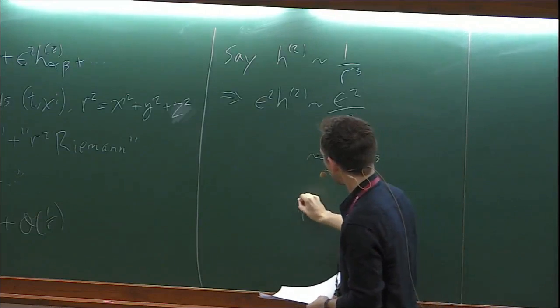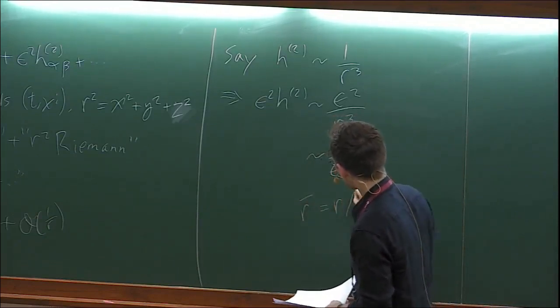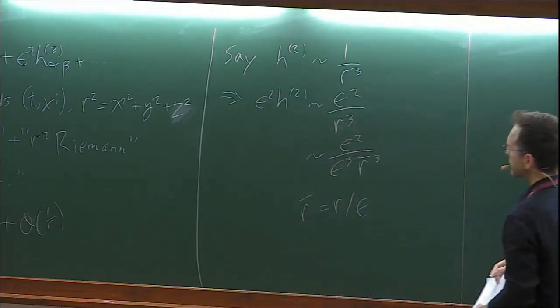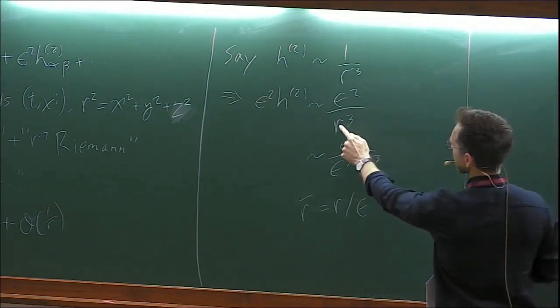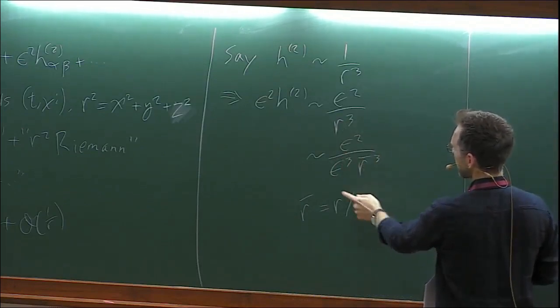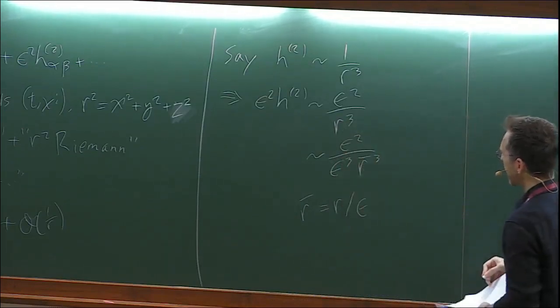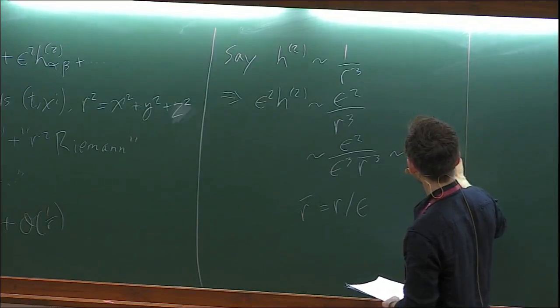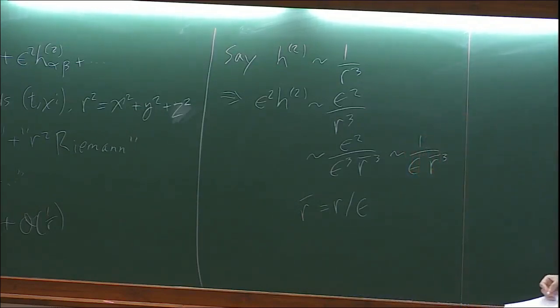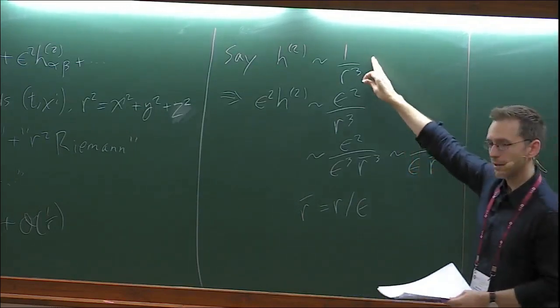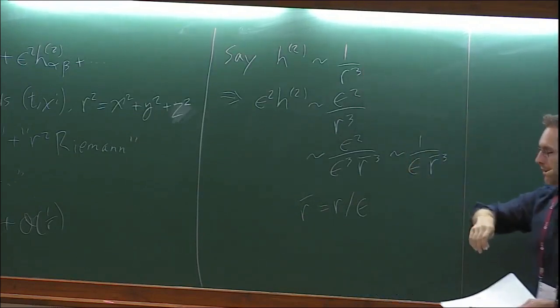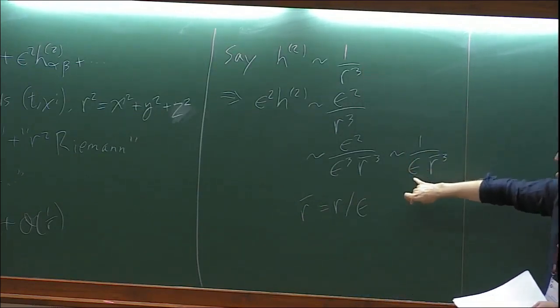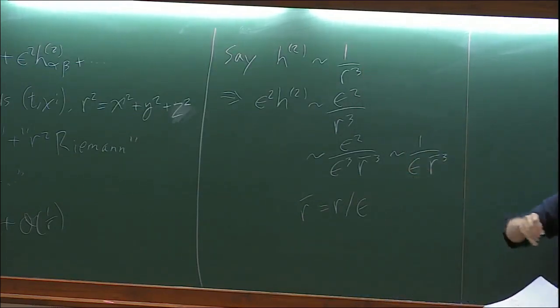So remember, our r bar is r over epsilon. So if we rewrite this r cubed in terms of r bar cubed, we pick up an epsilon cubed in the denominator. And then we have 1 over epsilon r bar cubed. So if this were to match something in the inner expansion, it would have to include negative powers of epsilon. So it would have to be divergent in the limit epsilon goes to 0.